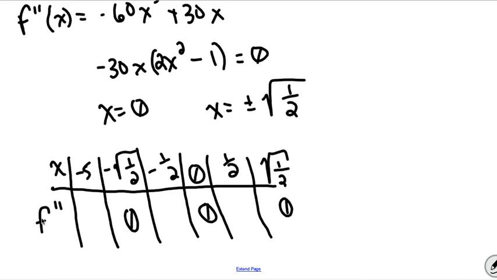So let's see what we get here. If we plug in -5 here, it's going to be a positive. And if we plug in -5 here, it's positive, so that overall is positive. Now if we plug in -1/2, right here is positive. But right here we end up getting 1/2 squared is 1/4, times 2 is 1/2, minus 1 is negative.